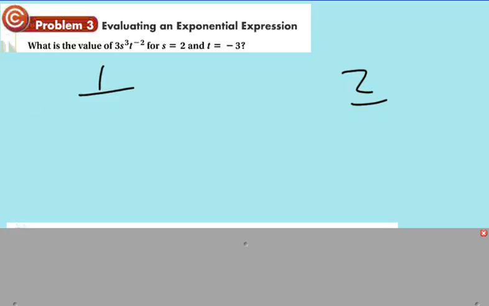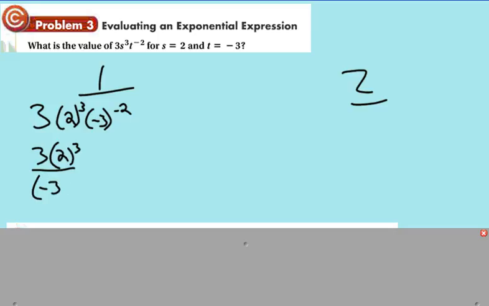We could say 3 times 2 cubed times negative 3 to the negative second power. Okay? Now, if I take that, it's going to be 3 times 2 cubed, in other words, 3 times 8, over negative 3 squared.